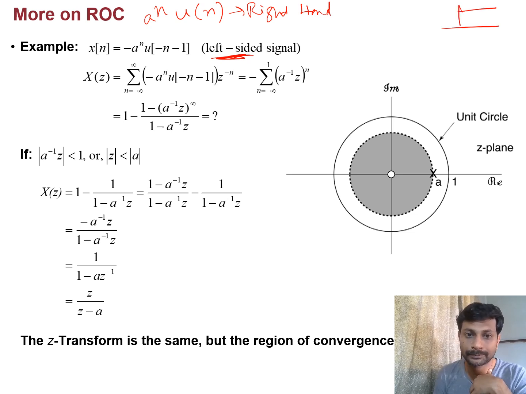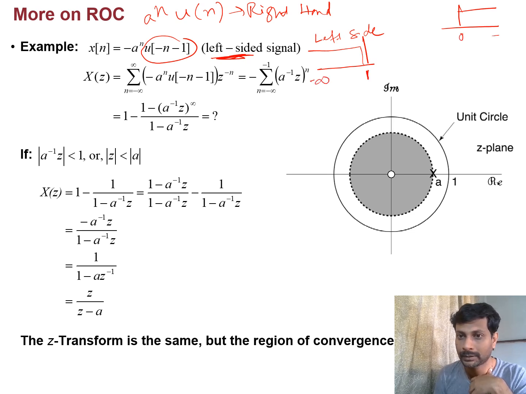And for this one we get, on the left side, this is 1, this is minus infinity, this is 0, this is plus infinity, and this value is 1.